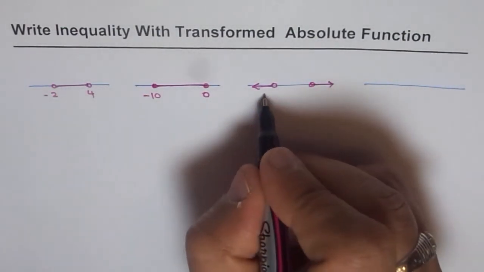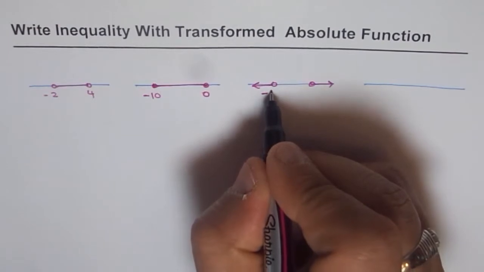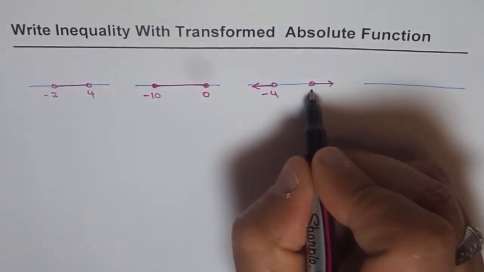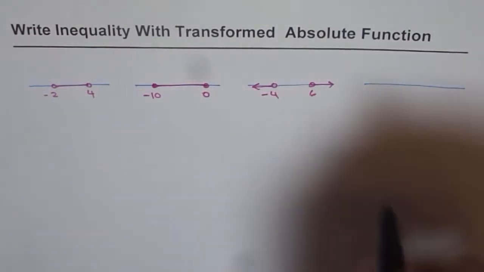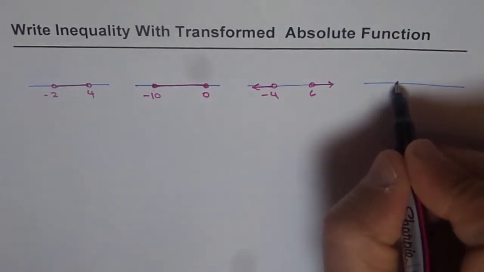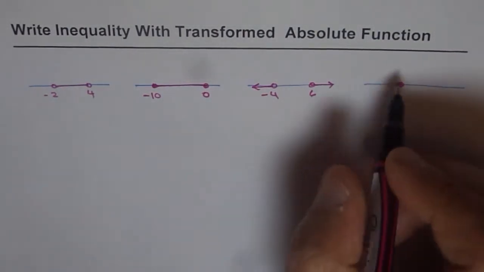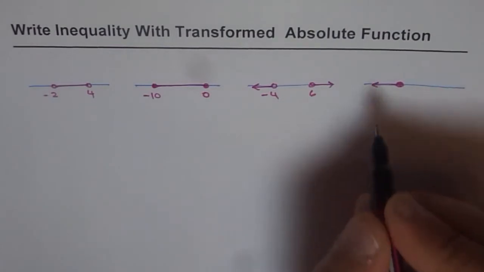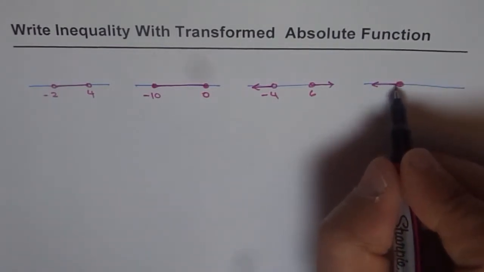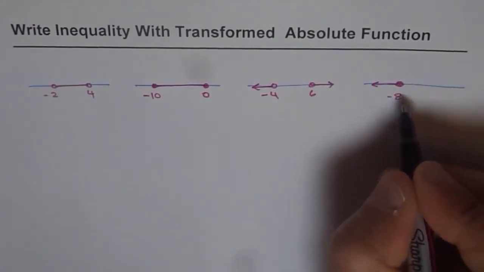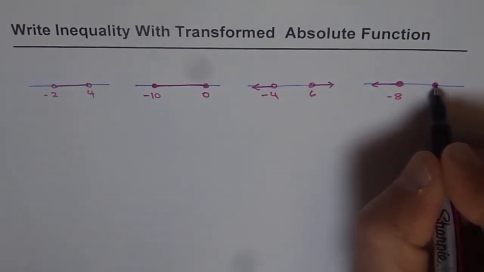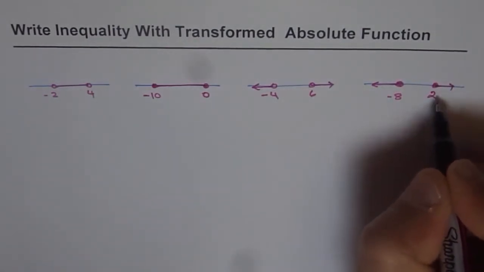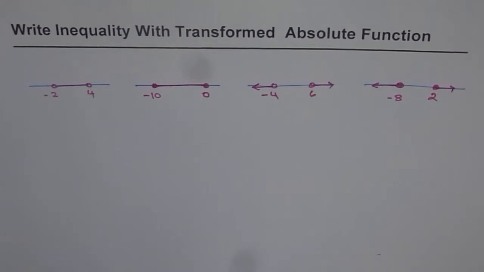And the solution is, we say less than, let us say 4, and greater than, let's say 6. And here we have similar kind of solution but filled in. Now that is, let us say, in this point is less than -8 but greater than, let's say 2. So these are 4 different examples which we'll try to solve or write in absolute function, right?